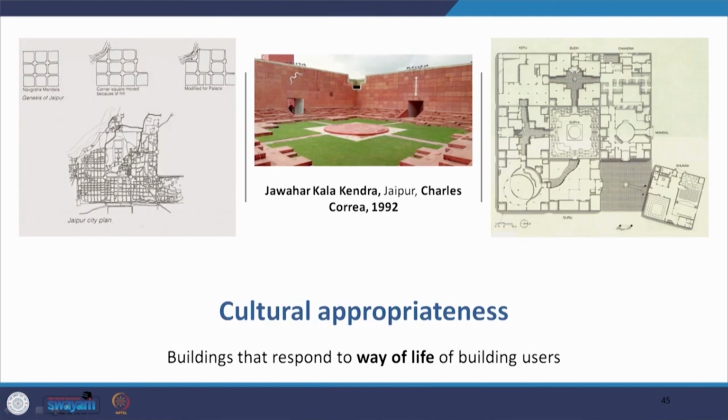Then the cultural appropriateness. Not only does Jawahar Kala Kendra fall in the identity of the revival of traditional architecture, it is also culturally appropriate to Jaipur, with buildings that respond to a way of life of the building users.